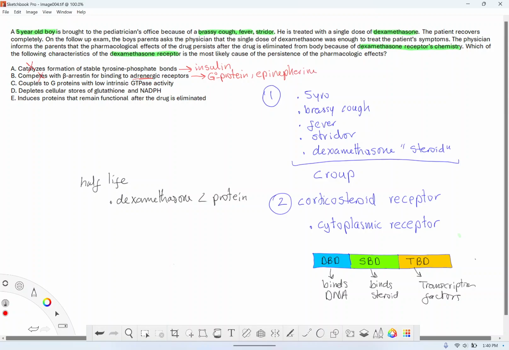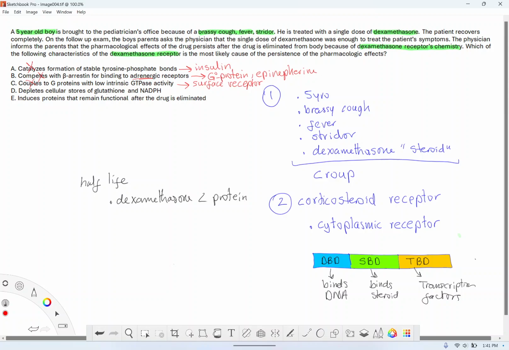It's not for dexamethasone. Couples to G proteins with low intrinsic GTPase activity. Again, this is talking about G protein. These are cell surface receptors. But the dexamethasone receptor is a cytoplasmic receptor. So C is not the answer.